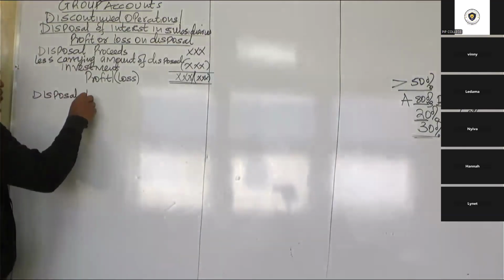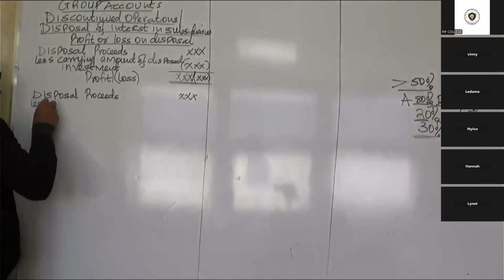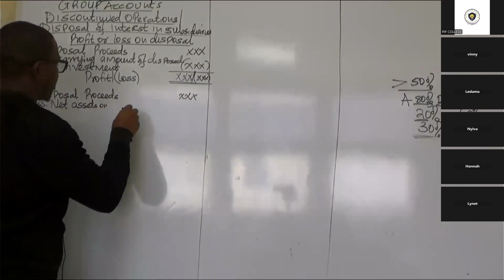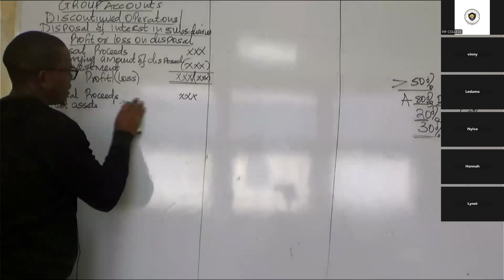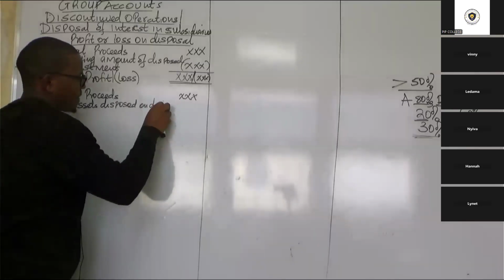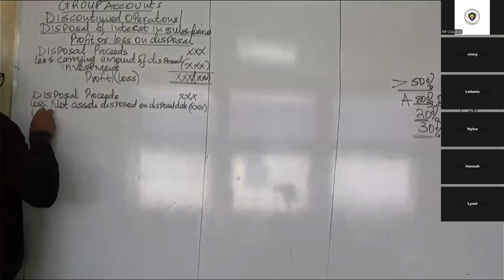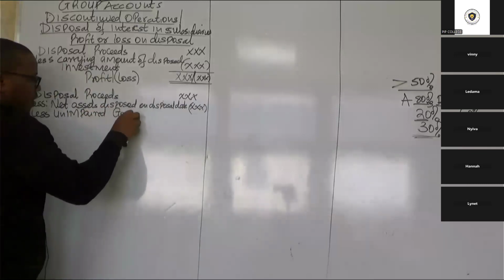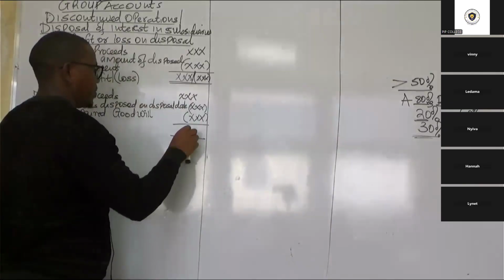We take the disposal proceeds. Again, you less the net assets disposed on the disposal date, and also you less the unimpaired goodwill.